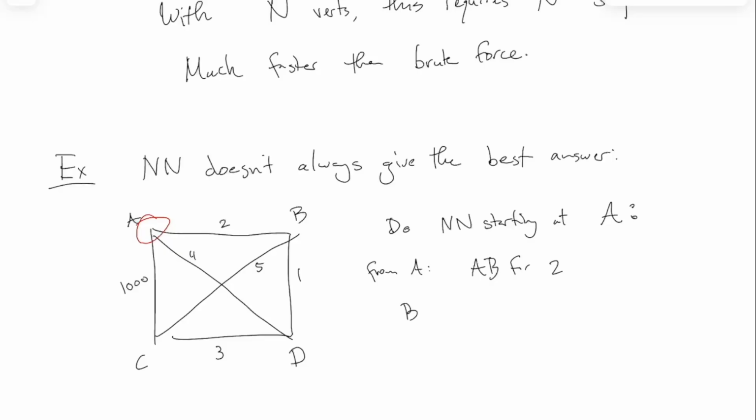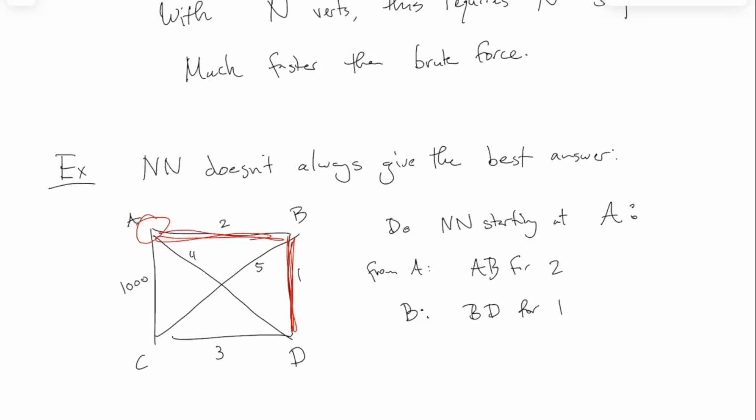All right, and then from B, so now I have taken this edge. From B, I could do the 1 down or the 5 diagonal. I'm going to do the 1 because that, again, is the cheapest at this moment. So from B, I do B to D for 1. And now maybe you can see what's going to happen.